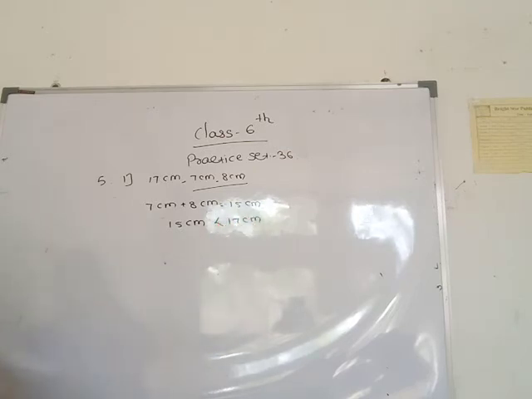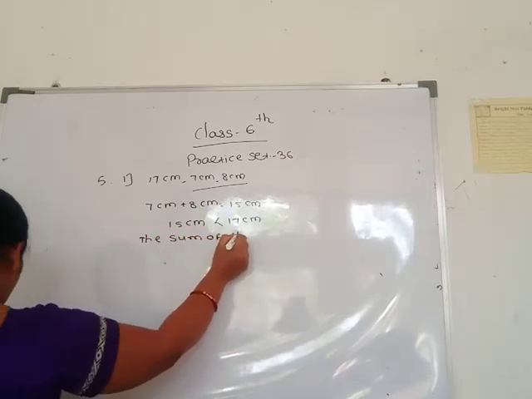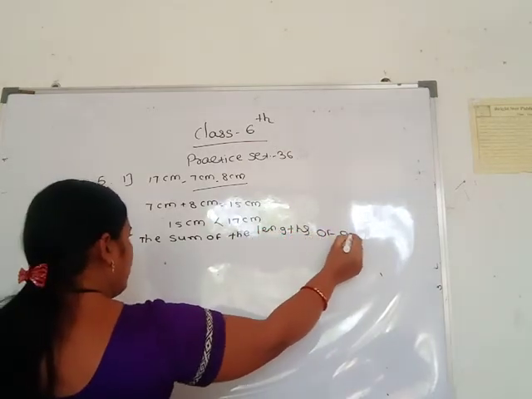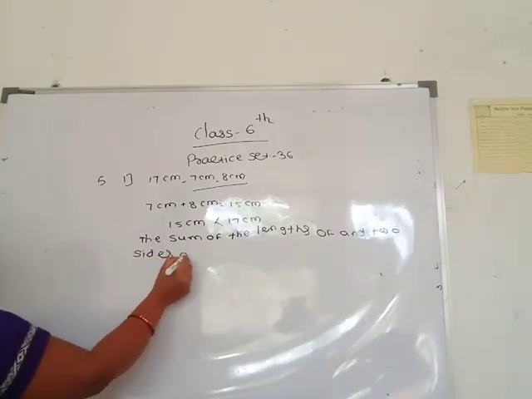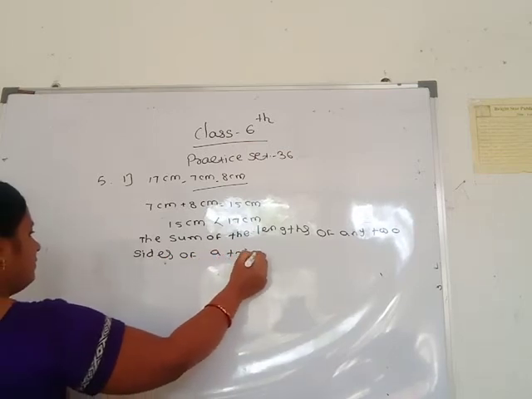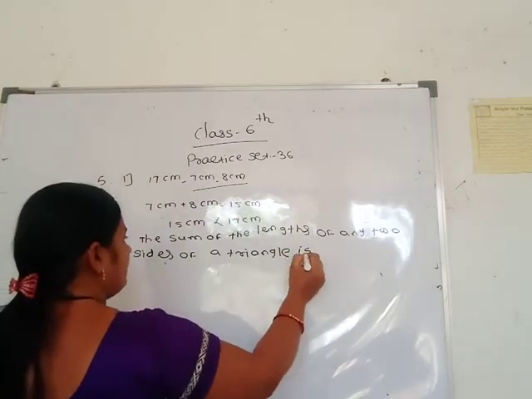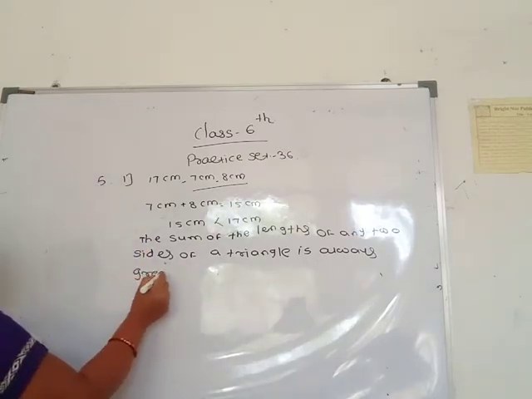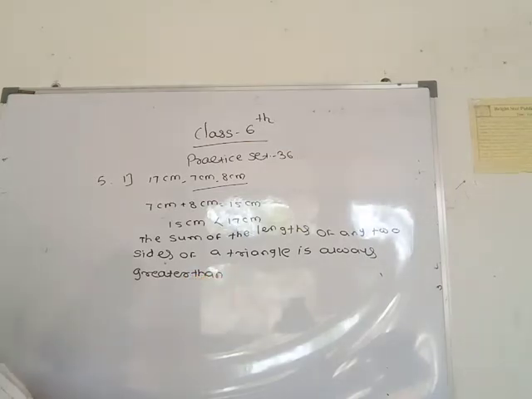Remember this sentence: the sum of the lengths of any two sides of a triangle is always greater than the length of the third side.